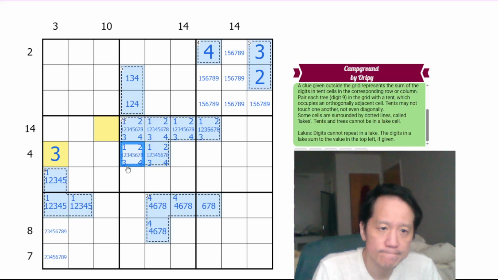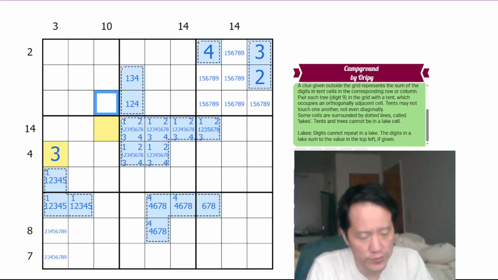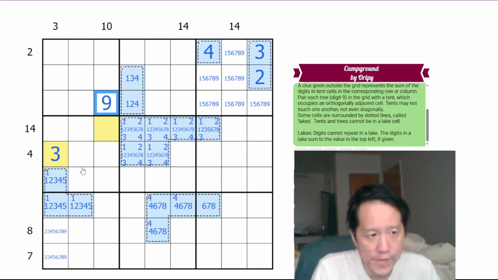Okay. This 3 would be next to a tent, so one of these 2 would be a 9. So therefore, this would be a 9, which would be attached to that tent, and the 9 would have to be one of these 2.